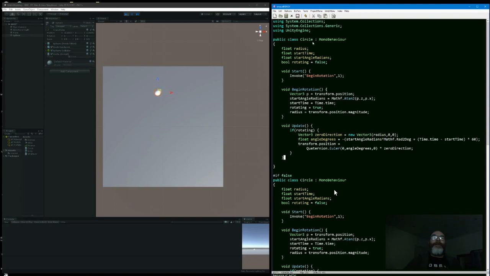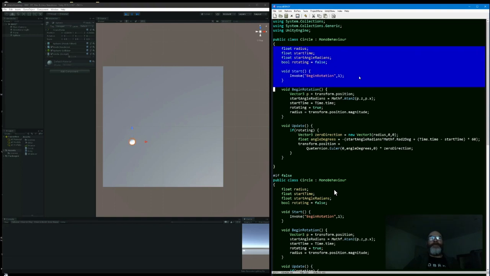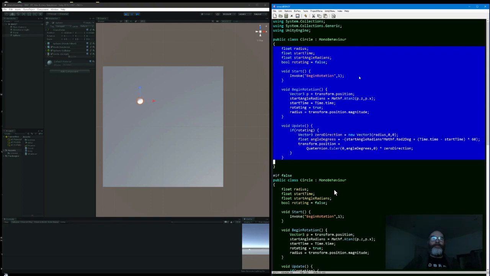What I'm going to do now is show you a very old way of drawing a circle, because it's interesting. I'm going to just start again.